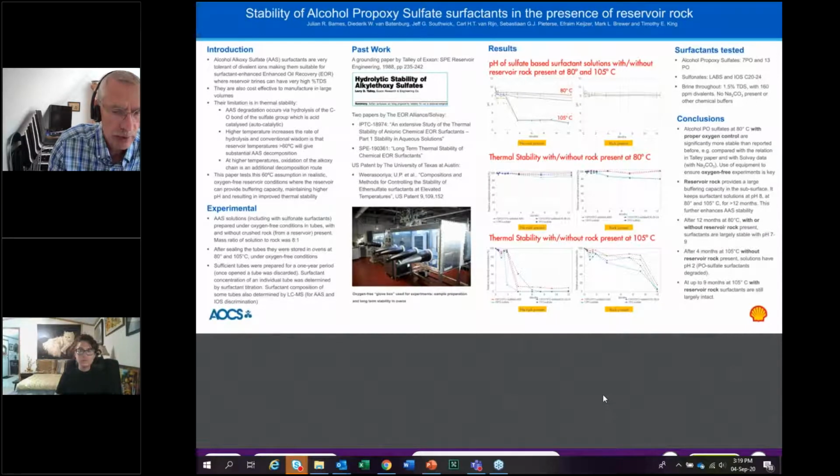You typically use hyamine, which is a cationic, to titrate the anionic surfactants. These are sulfates, to form a complex, and you measure that through what's called potentiometric titration. I can give you more details if you like, or you can just Google it. It's a pretty standard method for measuring surfactant concentration for anionic surfactants.